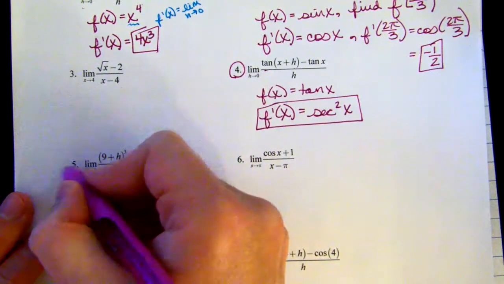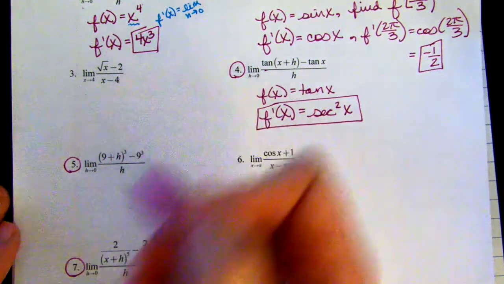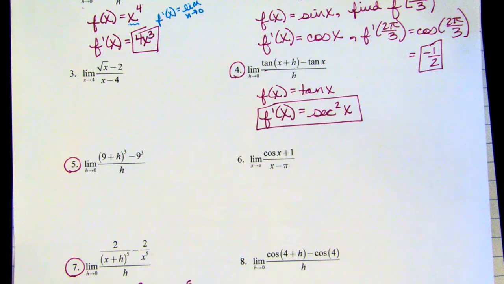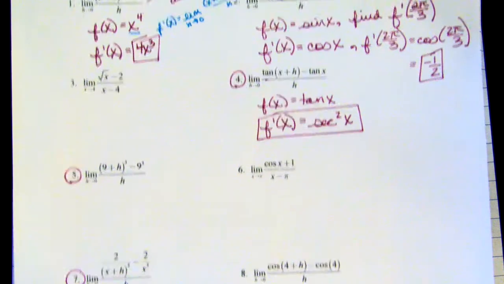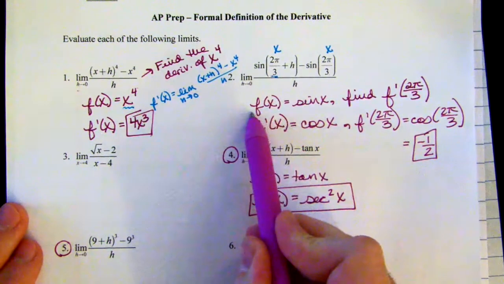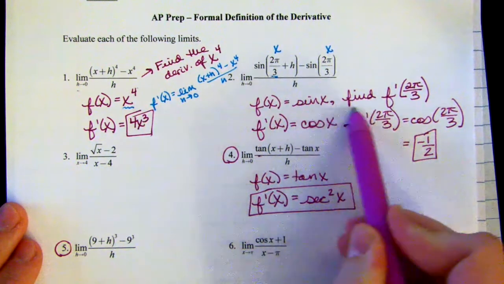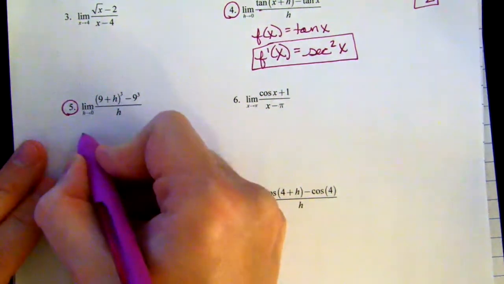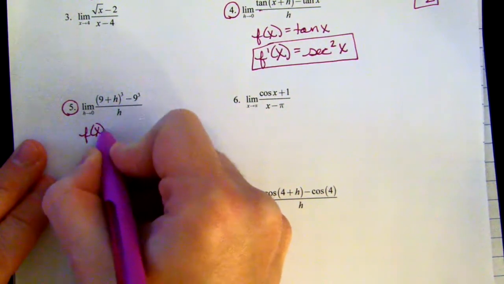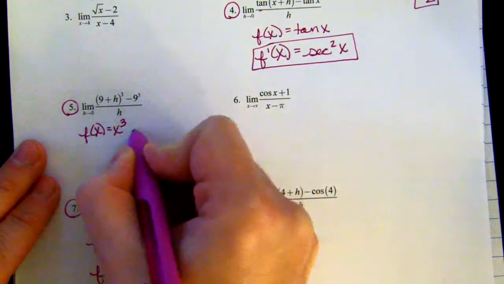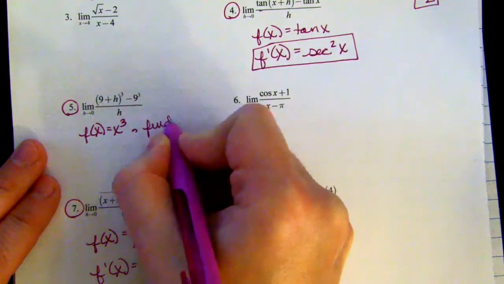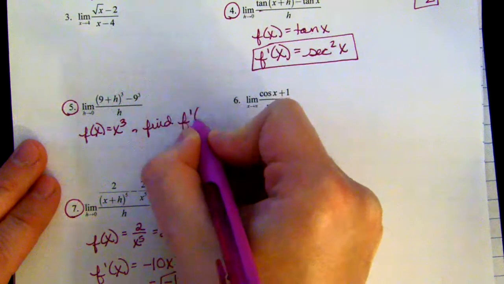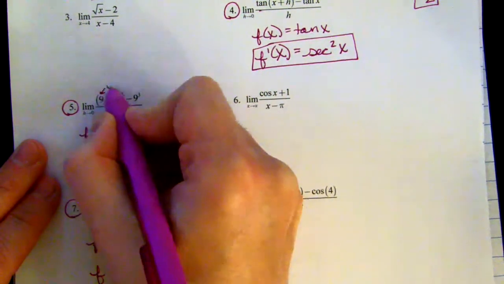Let's take a look at number 5. See if you can rewrite problem 5 the way I started problem 2, by saying what the function is and then saying what we're looking for. The video is going to pause for a moment. I think our function is f of x equals x to the 3rd, and I want to find f prime at, well, what's in the place of the x's?